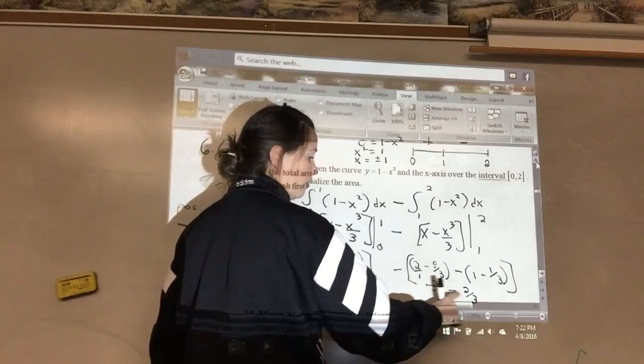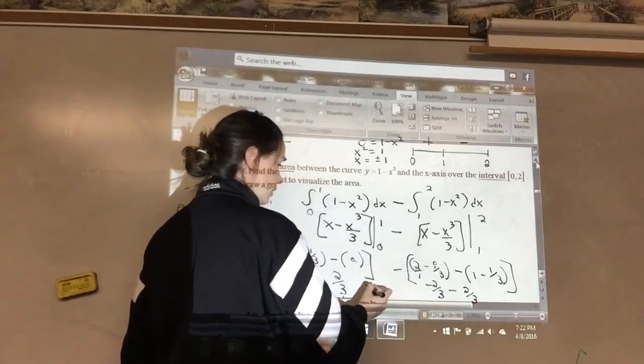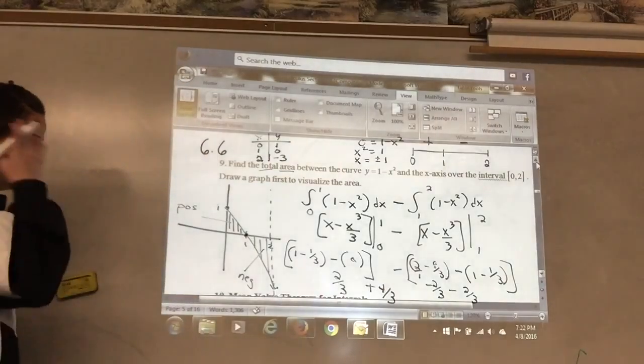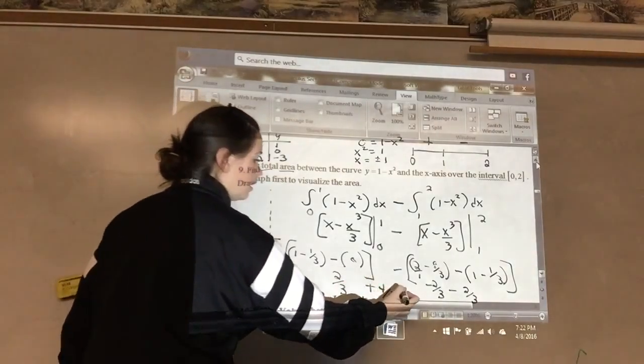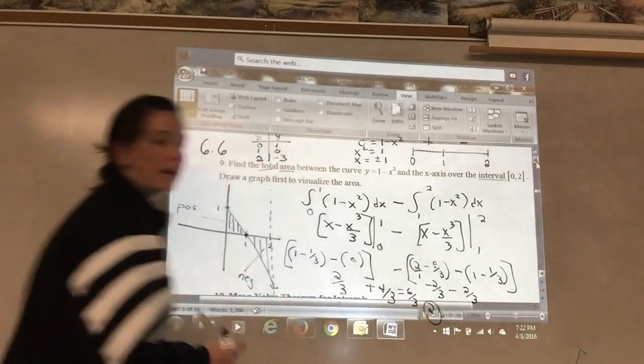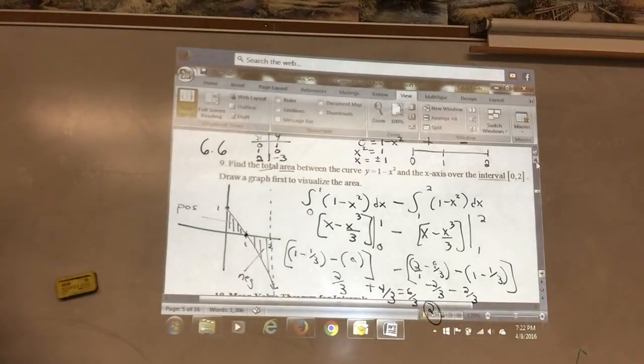So that's a negative 4/3, which becomes a positive, so plus 4/3. And that adds up to 6/3, which gets me the answer of 2 in the end. It all works out nicely in the end. Okay, so total area, again, we have to turn the negative region positive.